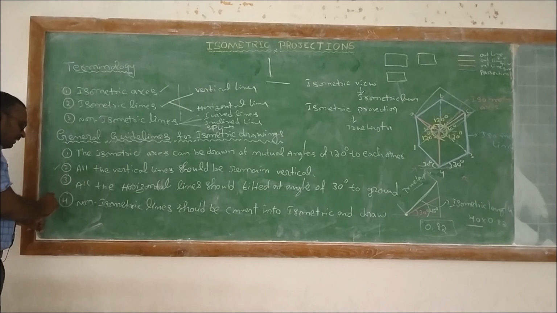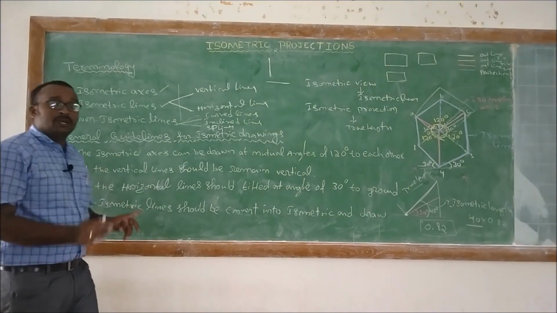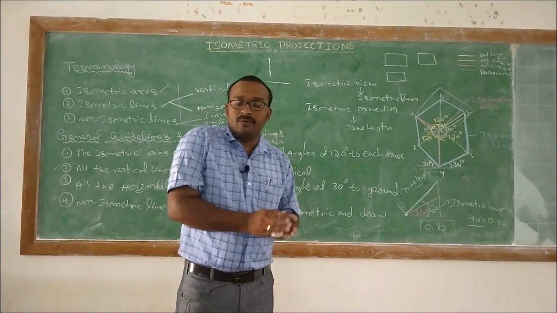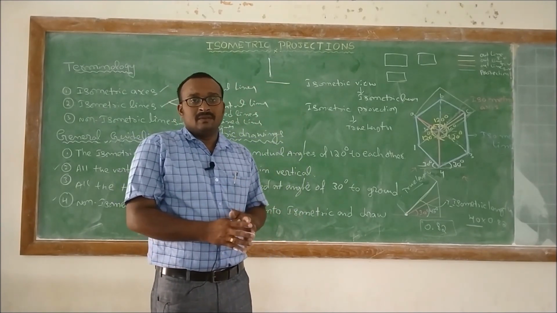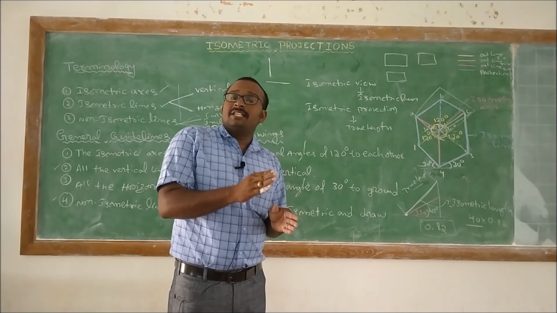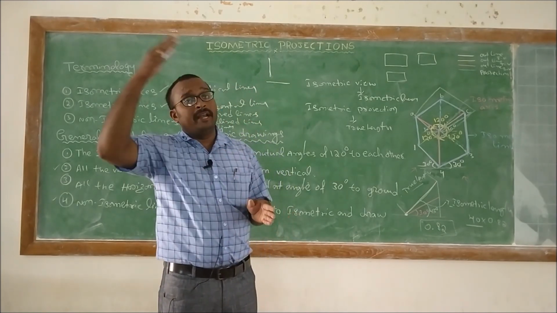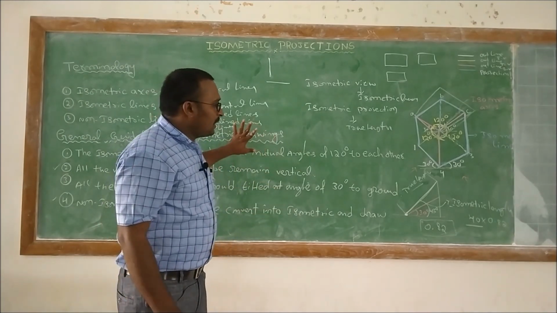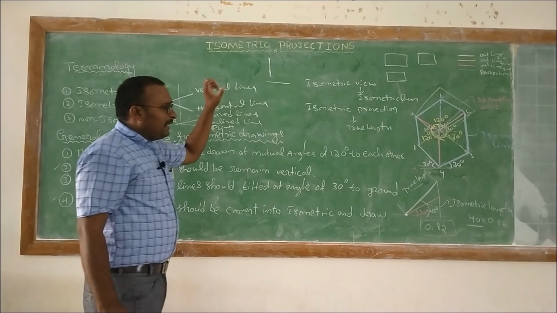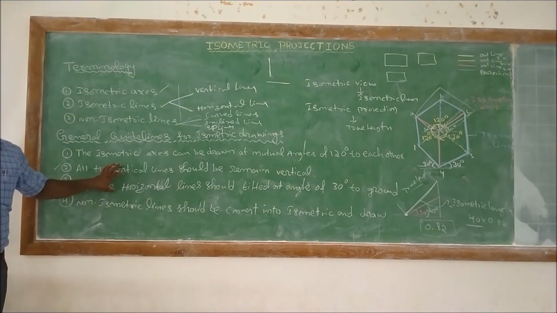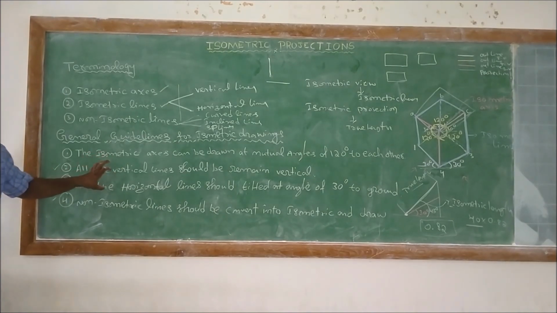And coming to the final one, whenever we have non-isometric lines in the orthographic views, we must convert those non-isometric lines into isometric lines, then we project them. Clear? That's all about the basic introduction. Please remember the terminology and the guidelines which we will follow throughout the syllabus.